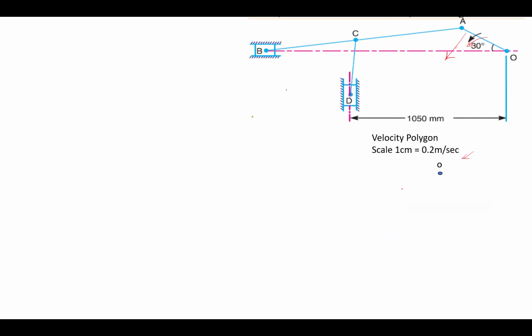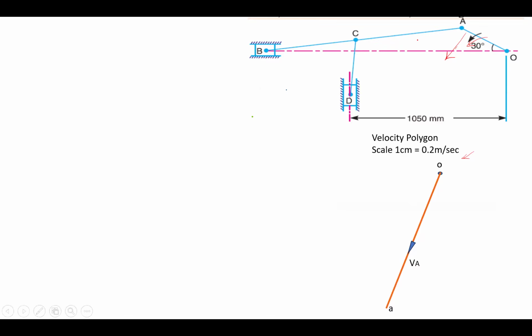So from O, draw a vector perpendicular to OA in the downward direction. Here it is. The magnitude of that is already calculated. As per scale, we have drawn this line perpendicular to OA. The end point is A, and this is the vector VAO, velocity of A with respect to O.